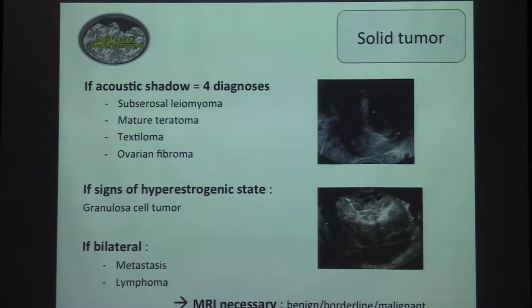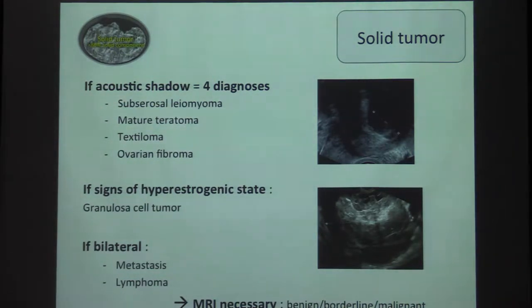In ultrasound, there are some signs that you have to look for that can help you make the diagnosis. If you have an acoustic shadow, then there are 4 diagnoses. It can be a leiomyoma, a dermoid cyst, a textiloma, or an ovarian fibroma.